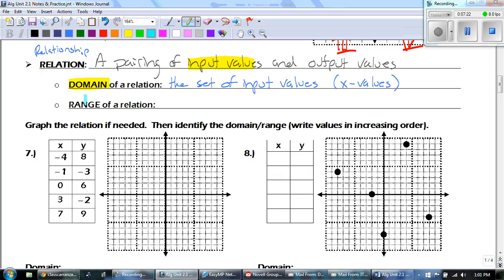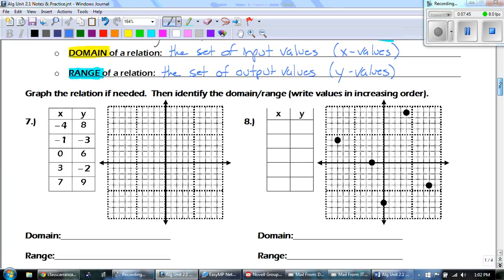And then our range is going to be the output. So I'm pretty much writing the exact same thing, except it's going to be the set of output values, and those are going to be the y values, okay?